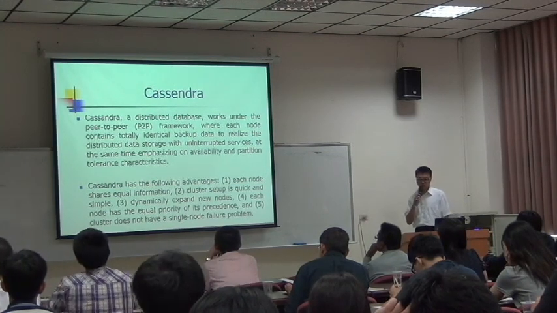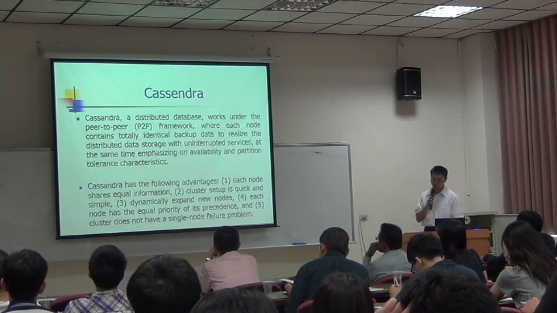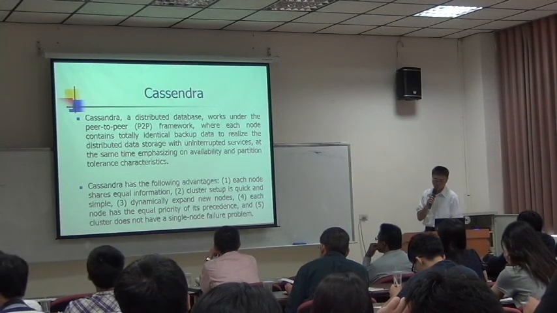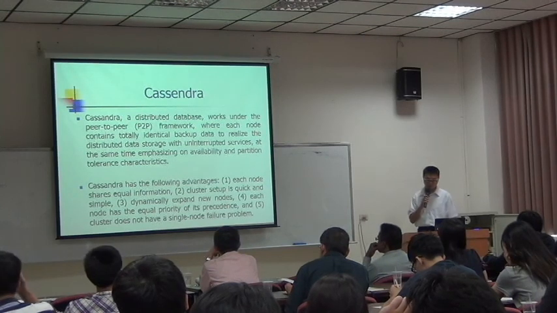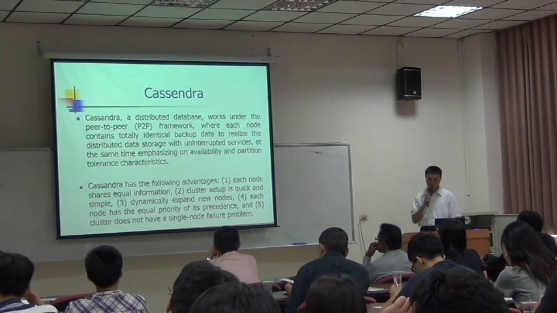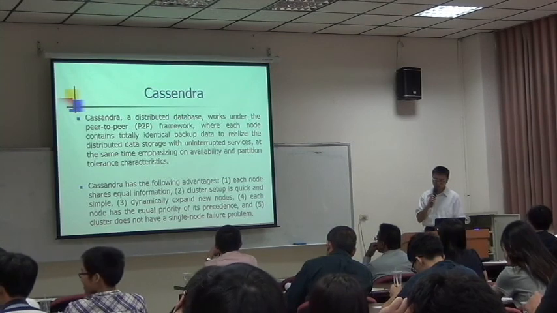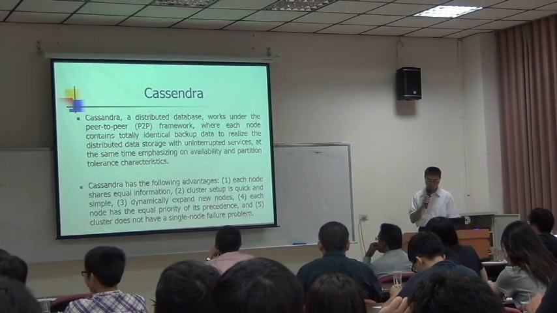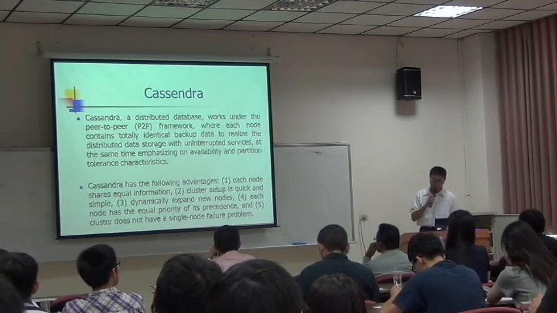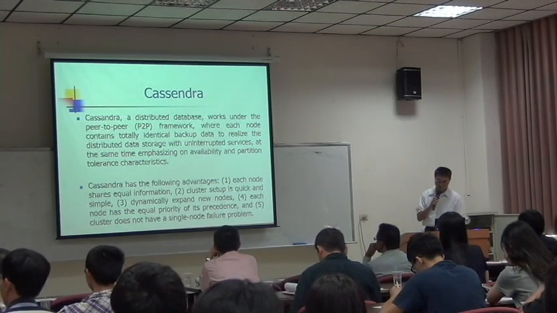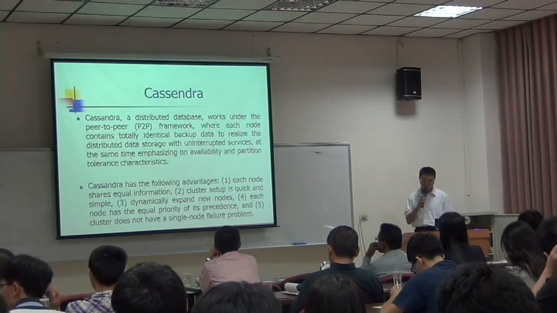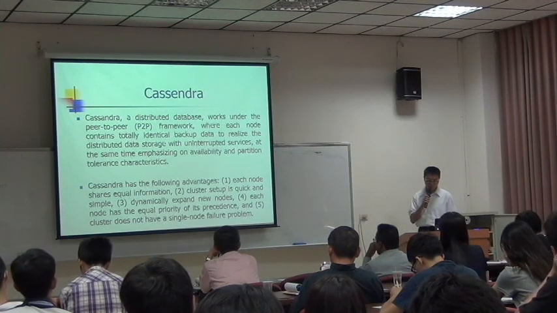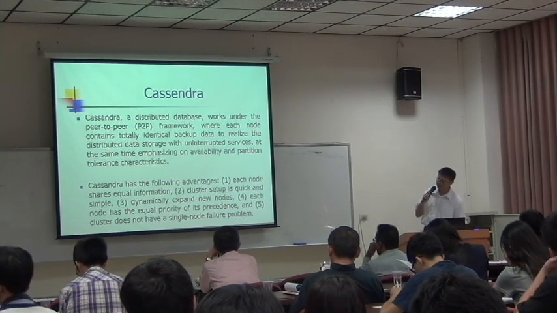Cassandra distributed database works under the peer-to-peer framework, where each node contains totally identical backup data to realize distributed data storage with uninterrupted service. At the same time, it emphasizes availability and partition tolerance characteristics.